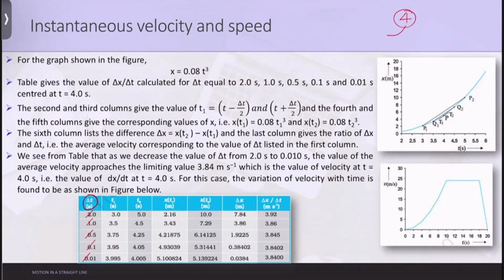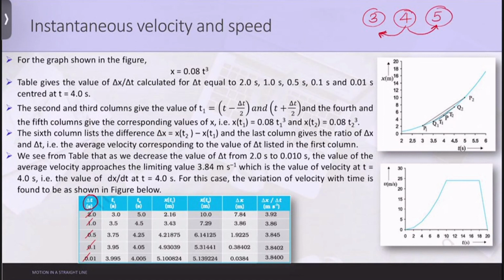Let's say delta t is 2 seconds. So we will do delta t by 2 and then subtract 1 on one side and add 1 on the other side. So it will be 4 minus delta t by 2 in this direction, and then this time it will be 4 plus delta t by 2, which will be 5 in this direction. So we will go from 3 to 5.